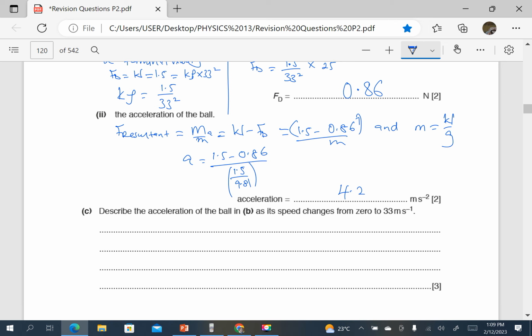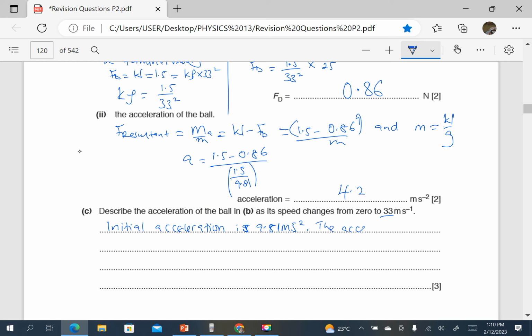Describe the acceleration of the ball in B as its speed changes from 0 to 33. Remember, at 33 it is terminal velocity. So initially, when there is no air resistance, the initial acceleration is g, 9.81 meters per second squared. The acceleration then decreases as the speed increases because the air resistance, or the resistance force, increases.